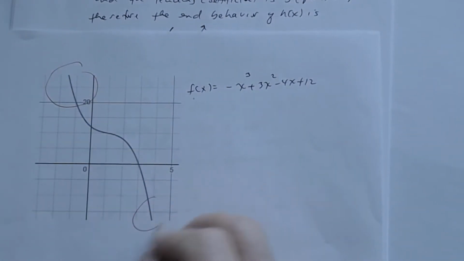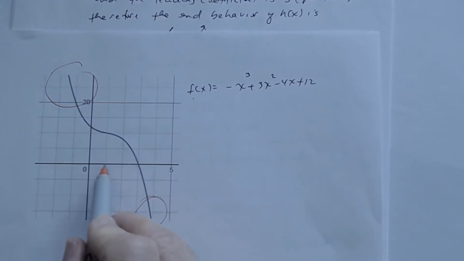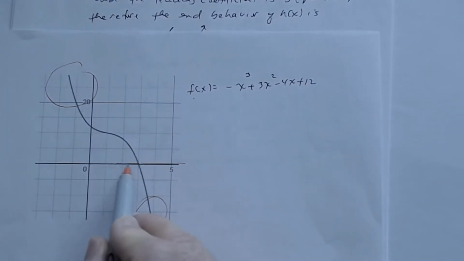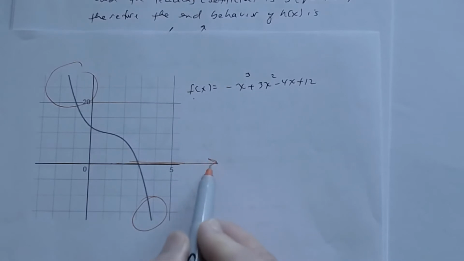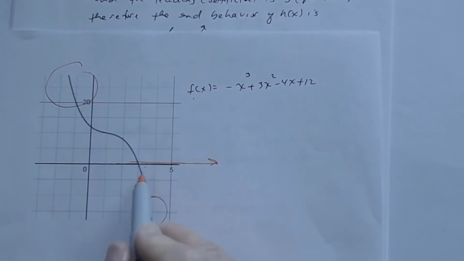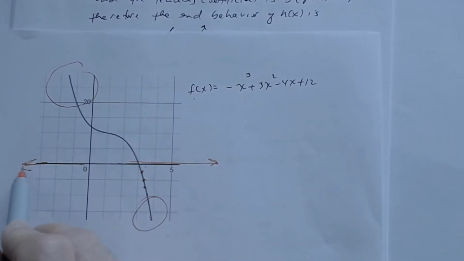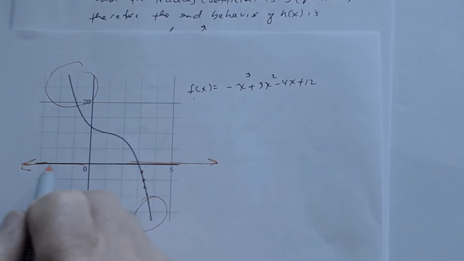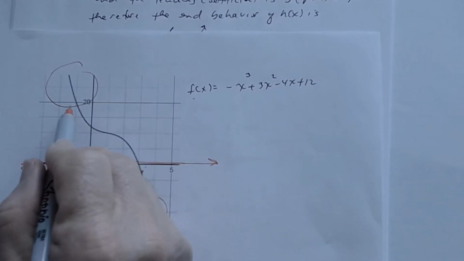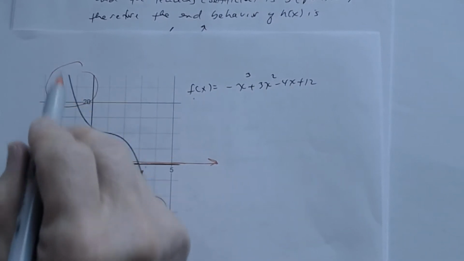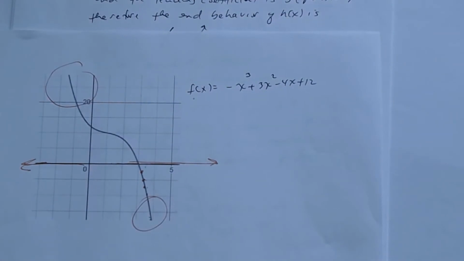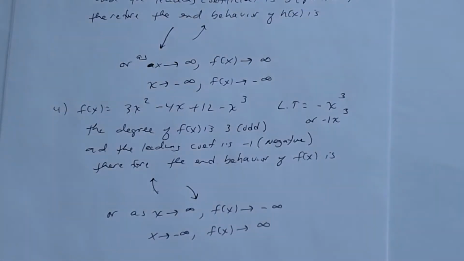On the right side, it's pointing down. So as x gets bigger and bigger, your y values are becoming more negative. On the left side, as x gets more negative, your y values are becoming more positive. Okay, so that's what we found.